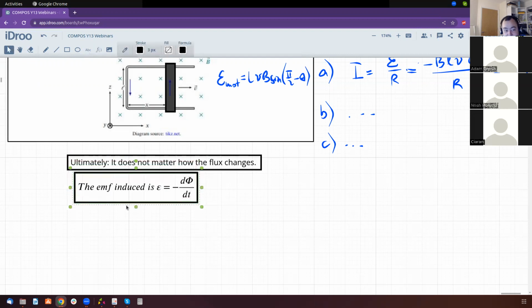This is the gist of Faraday's law. Faraday's law.